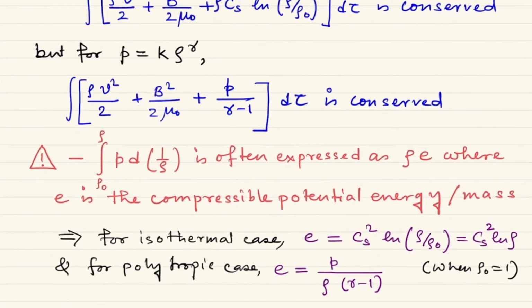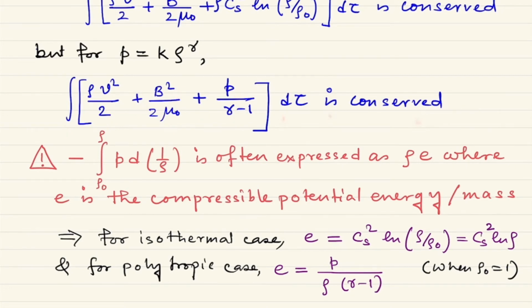Now we have to check for the polytropic case that the integral of rho v square by 2 plus B square by 2 mu 0 plus p by gamma minus 1 d tau is conserved.